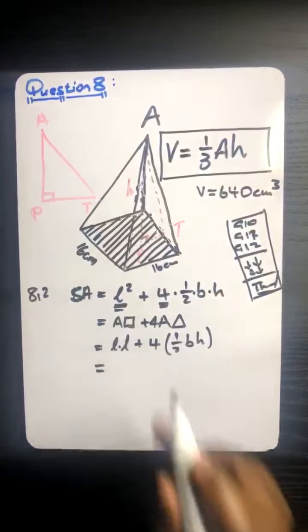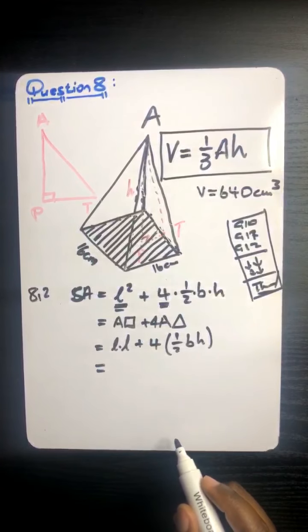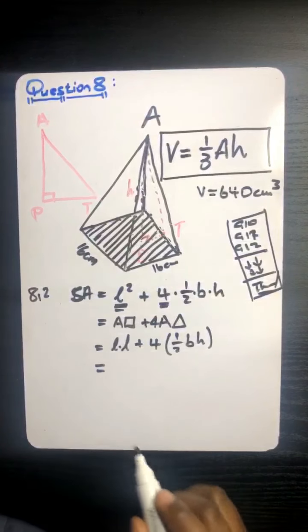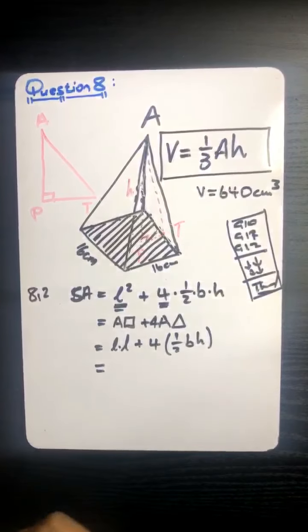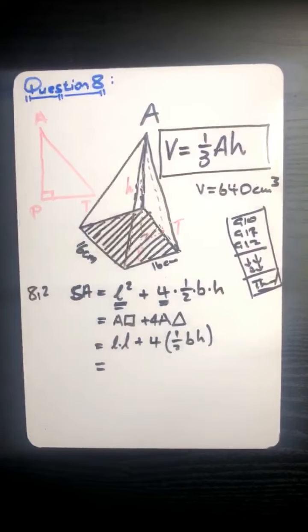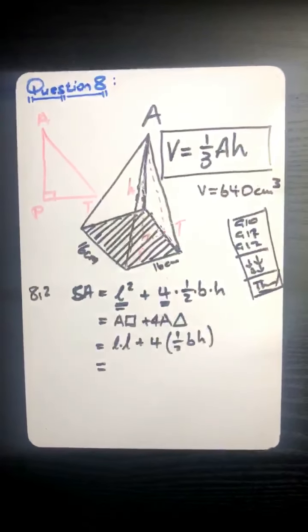What else do we do, guys? So we're going to substitute. Okay, what are we having? We're having 16 squared.